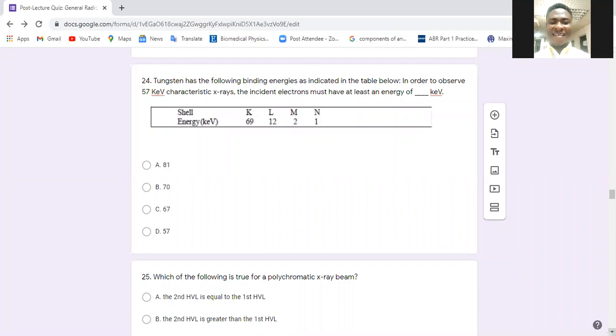Because if the incident energy removes the electron from the K shell, which has an energy of 69, and another electron fills it from L to K, which is 69 minus 12, that should give us the 57 keV characteristic X-ray. But the energy required to remove the electron from the K shell must be greater than 69, and that's why I pick 70.